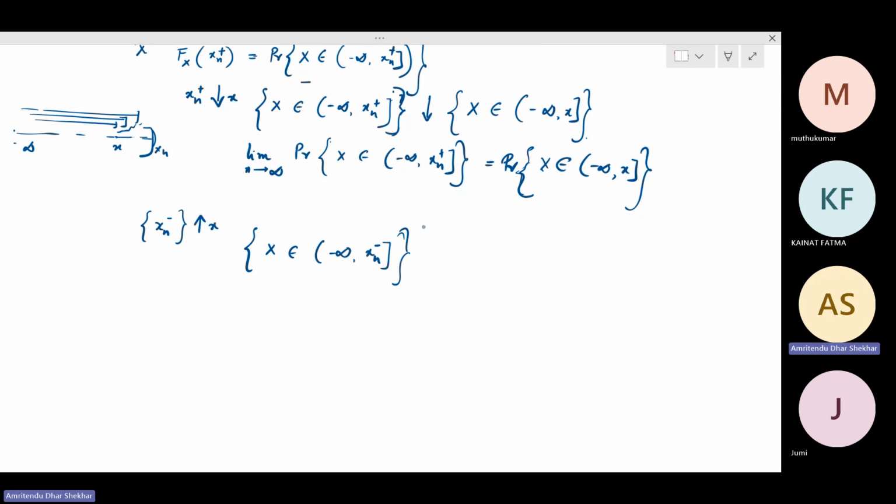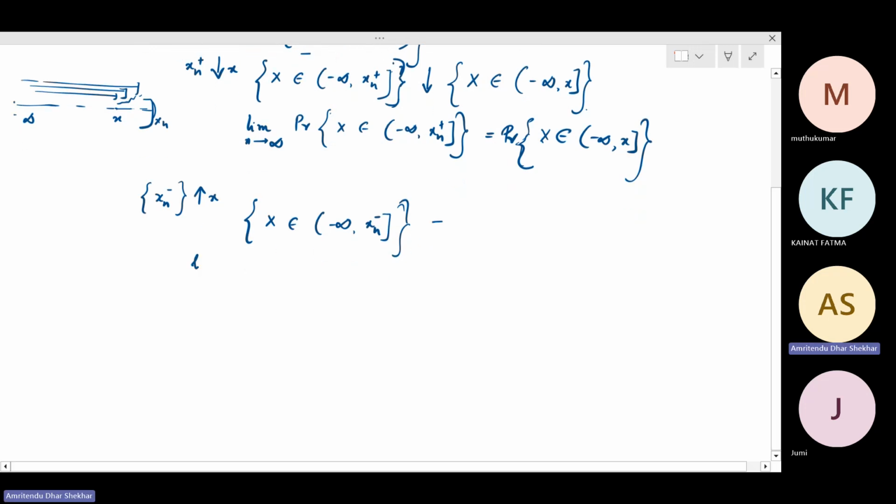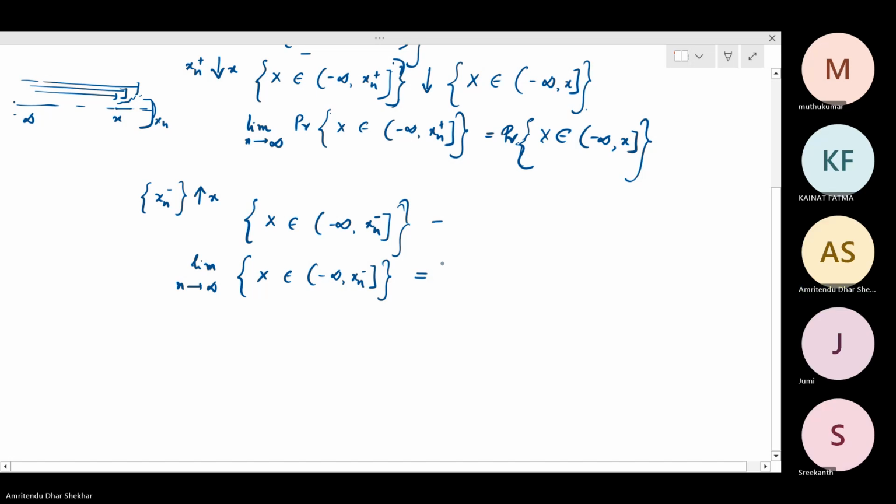But the limit of this increasing sequence of sets, the limit as n tends to infinity of X belonging to minus infinity comma xn, is actually equal to X belonging to minus infinity comma x, and this is open on the right.